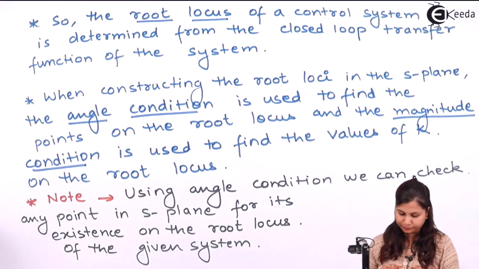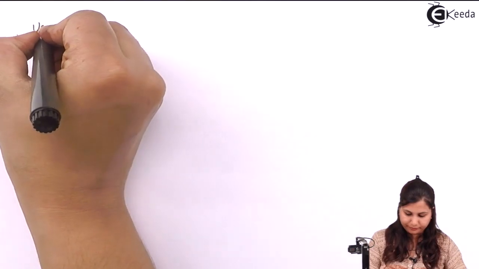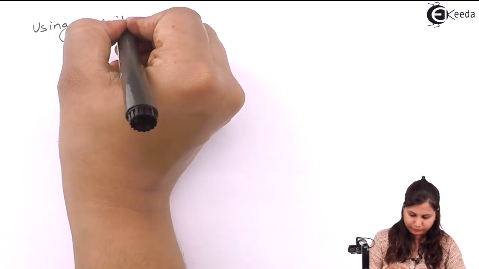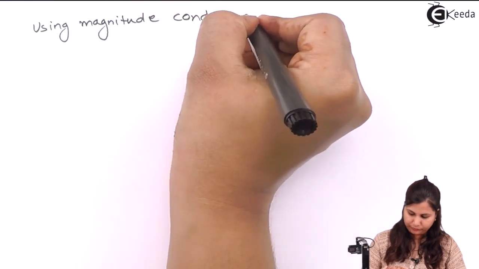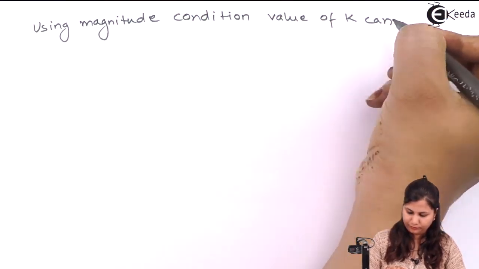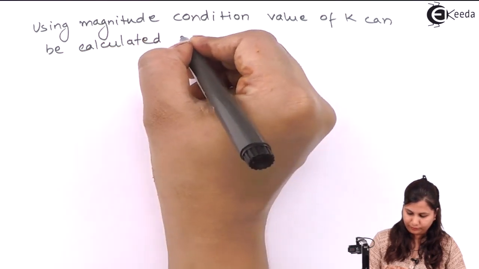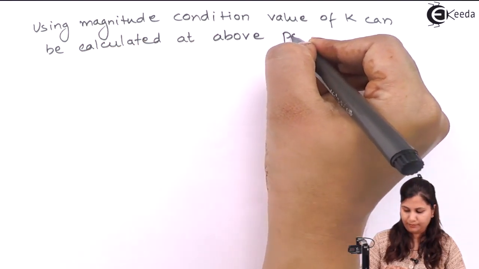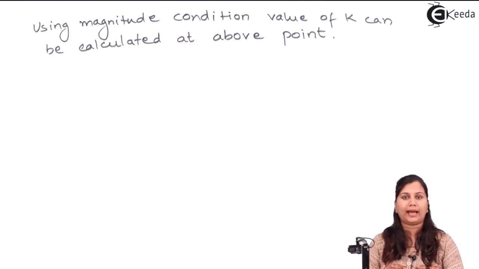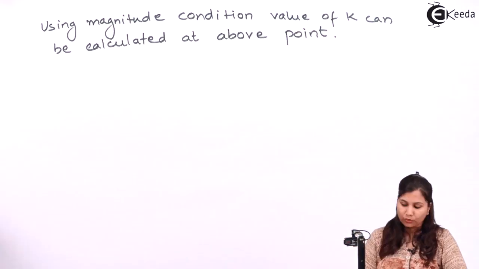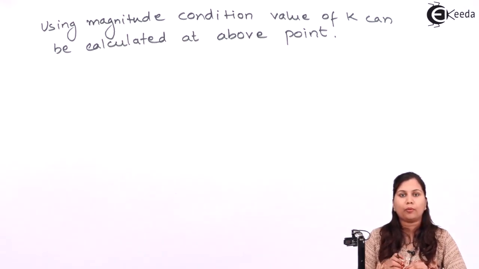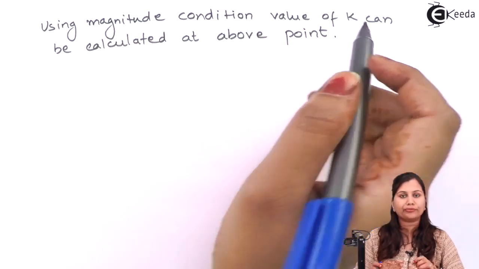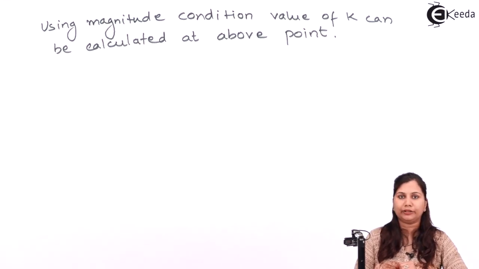So what we are doing is checking a point, whether it exists on the root locus or not. If it exists on the root locus and satisfies the angle condition, then we can calculate the value of k at that point using the magnitude condition.